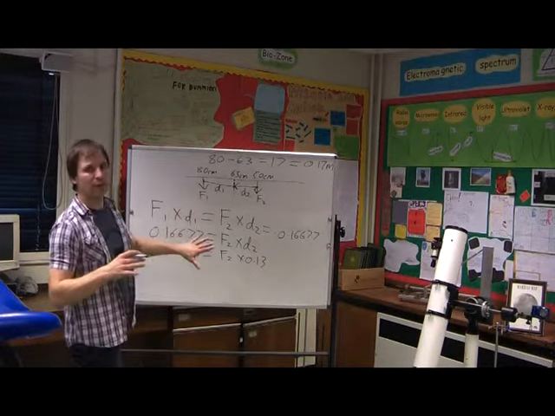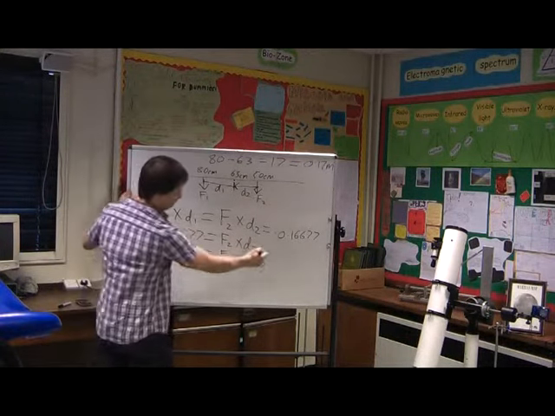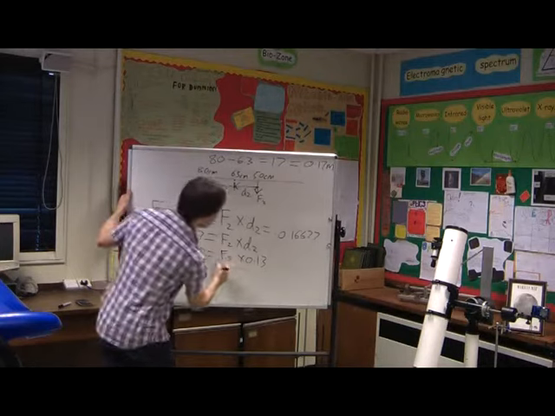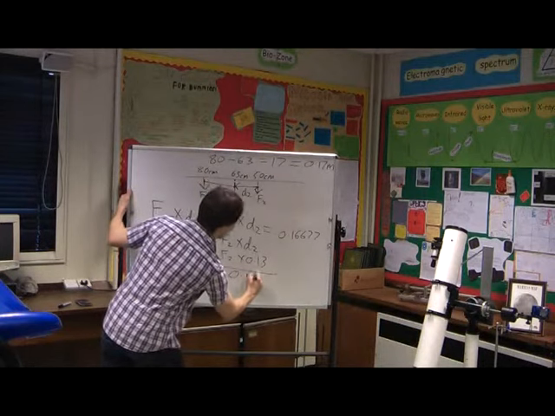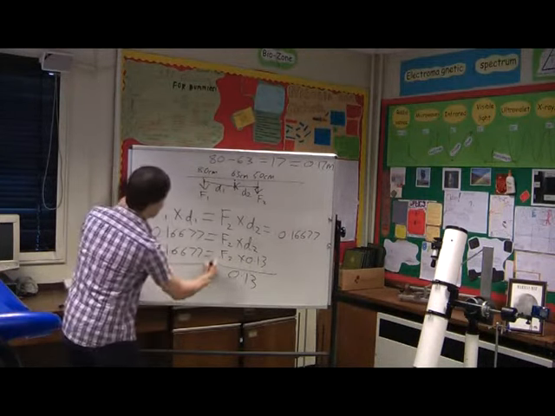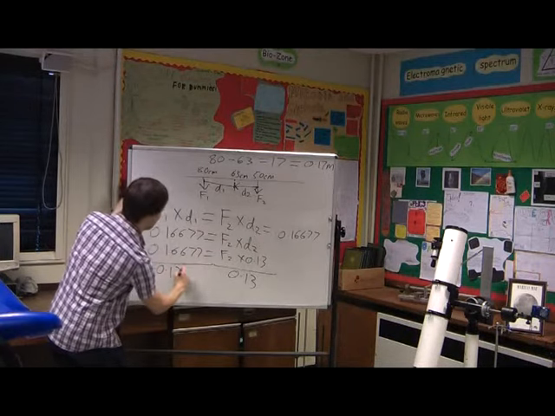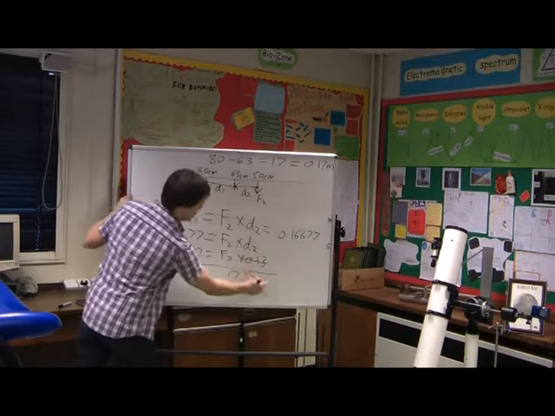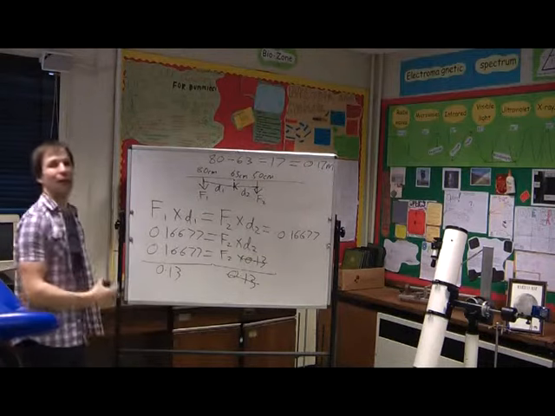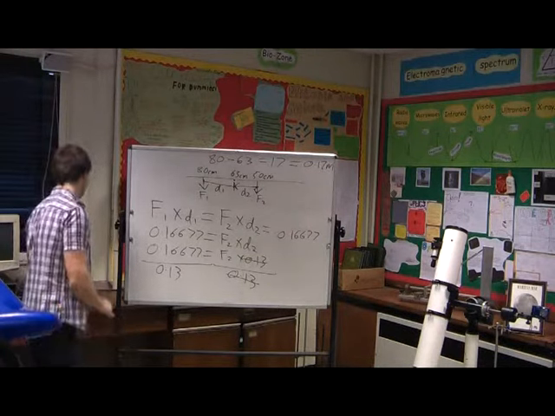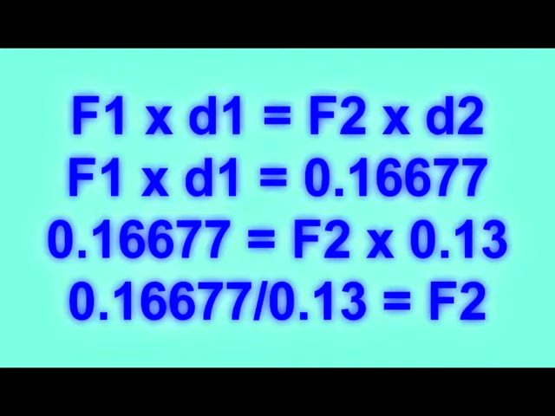We need to rearrange these equations. If I've got times on this side, we need to do the inverse, so we divide by 0.13, which means we have to divide this side by 0.13. They cancel out. Have a go now and work out what the weight force of the ruler is.